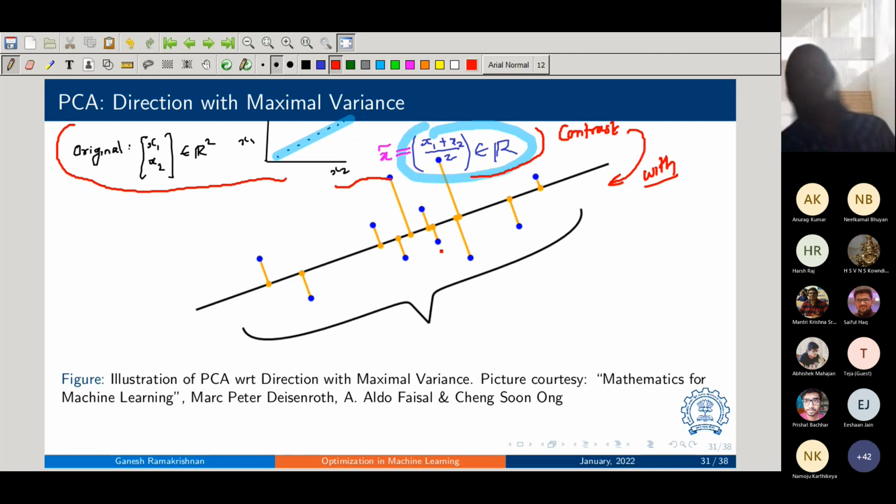And then what you're trying to do is look at the variance, but it turns out that the direction of maximum variance is still this. It will still be x1 plus x2 by 2, but you will get a second principal component which will capture probably one of these directions. When we solve it exactly, we don't know, but I would think it will tend to be one of these directions. So it's a high variance direction.